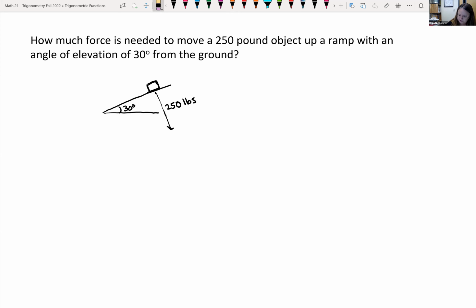The 250 is actually coming down like this.